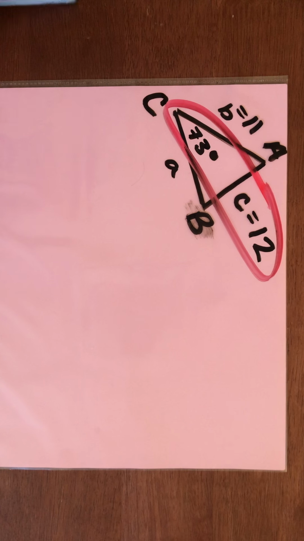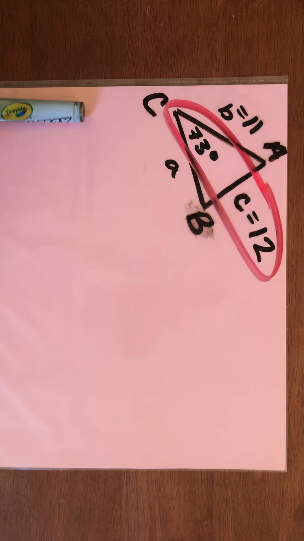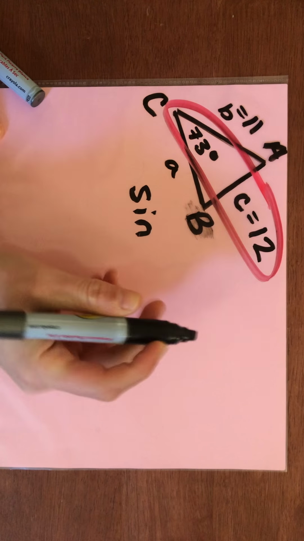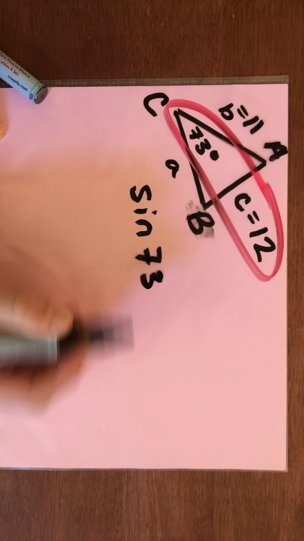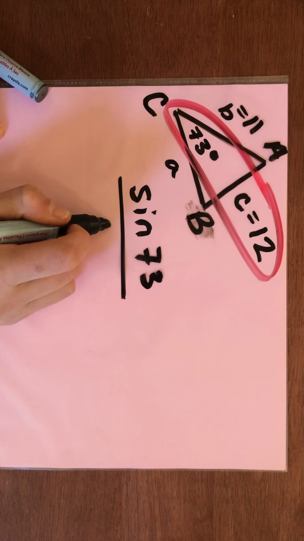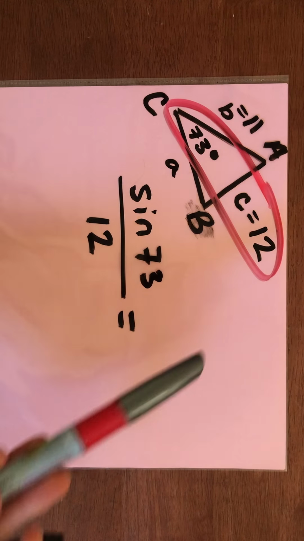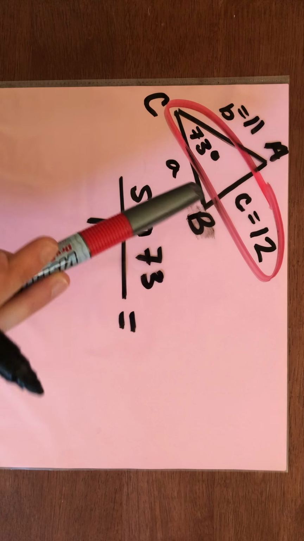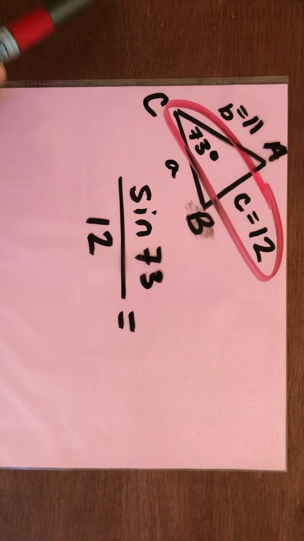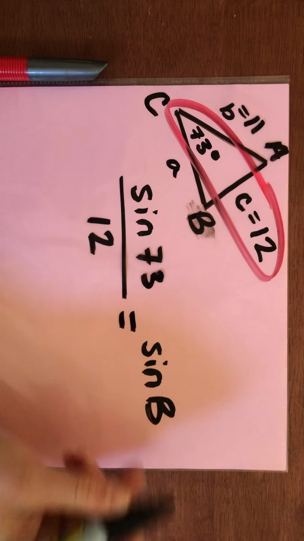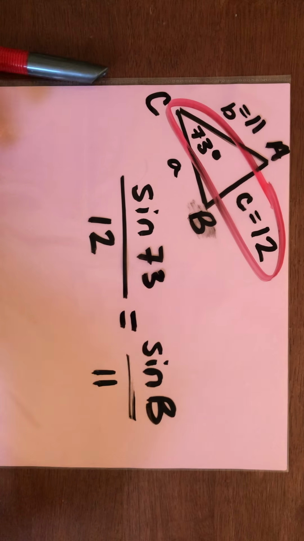So now we know we're going to use law of sines. So sine of 73 over 12 is equal to, now it depends on whether we want to find the measure of angle B. So that's equal to sine of angle B over 11.